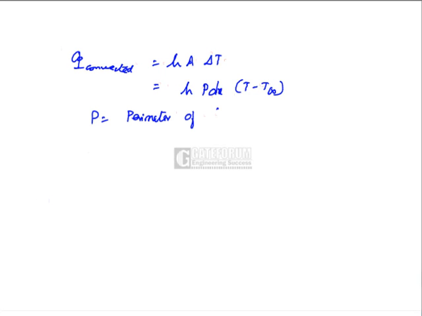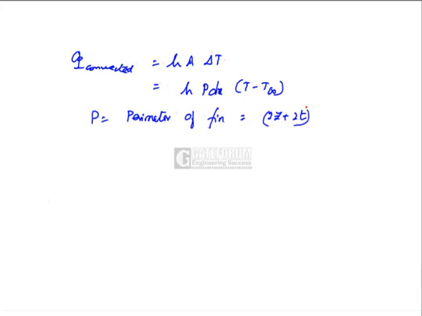Q convected is, from Newton's law of cooling, HA delta T, that is H into P dx into T minus T infinity. What is P here? P is perimeter of fin, which can be given by 2Z plus 2T.